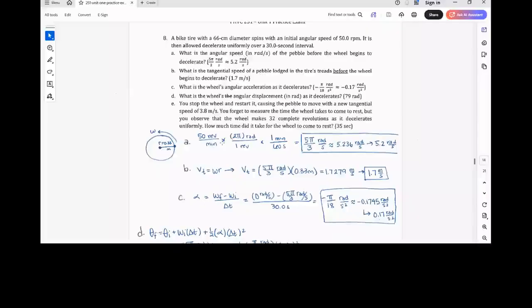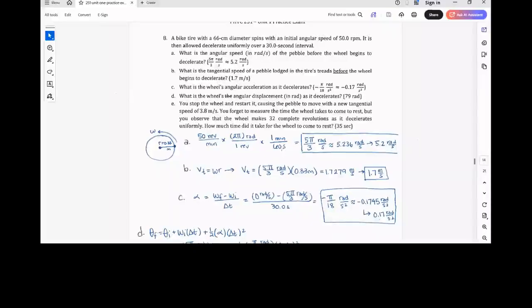For part A, we can just do a simple unit conversion using dimensional analysis, because I know 50 revolutions per minute. If I multiply by 2 pi radian for each revolution, if I were to quit right here, I'd be in radian per minute.